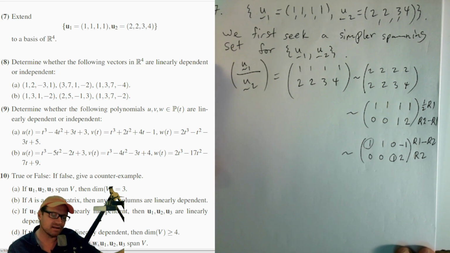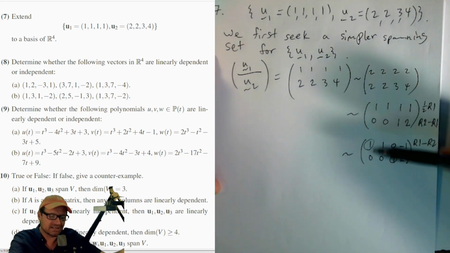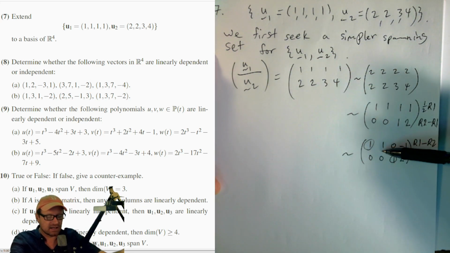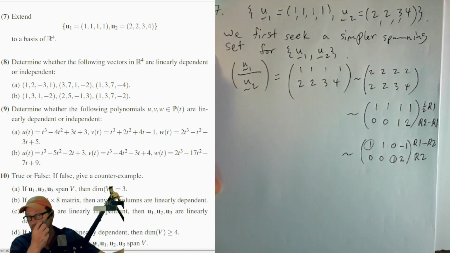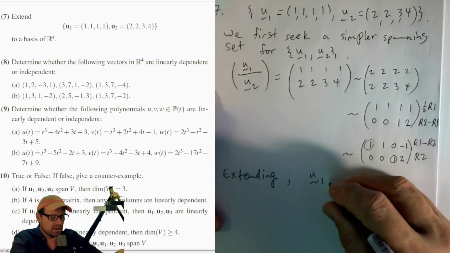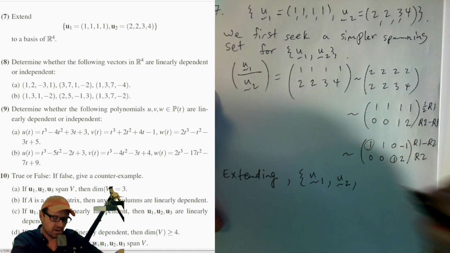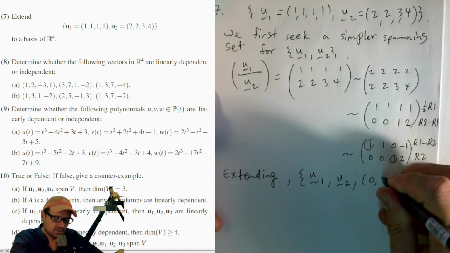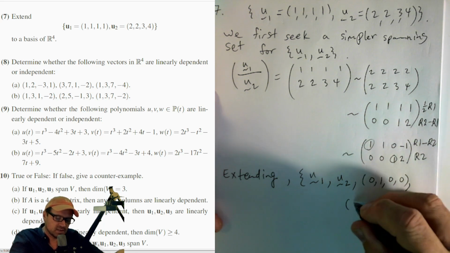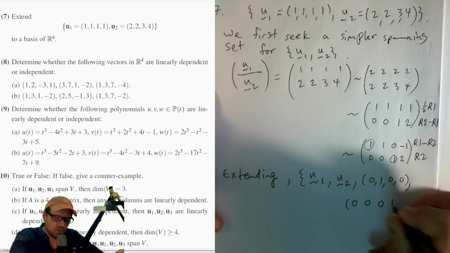To extend this to a basis for R4, I want to extend this matrix so that I have a pivot in the second column and a pivot in the fourth column also. So extending U1, U2, I'll put 0, 1, 0, 0, and I'll put 0, 0, 0, 1.